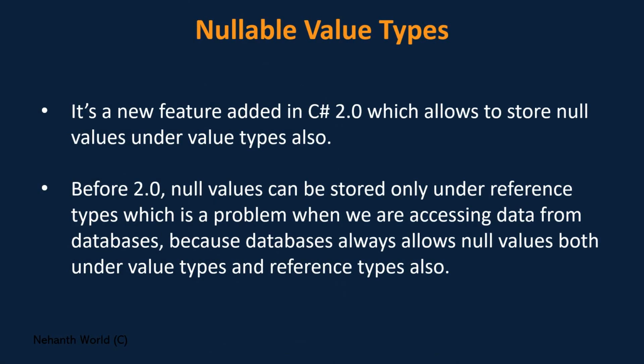This nullable value types feature was added in C# 2.0, which allows storing null values under value types. Before 2.0, null values could be stored only under reference types, which are string, object, or class, which is a problem when we are accessing data from databases, because databases always allow null values under both value types and reference types.